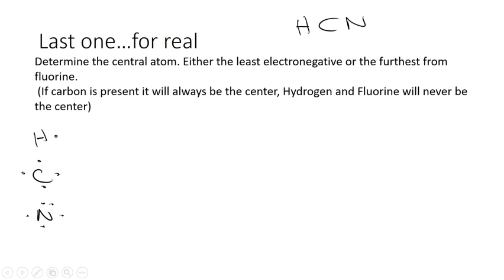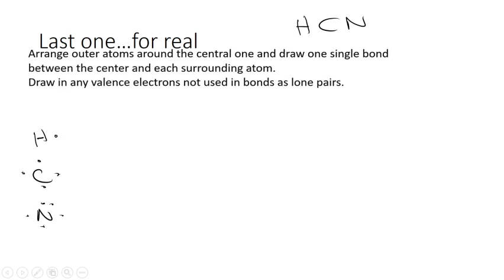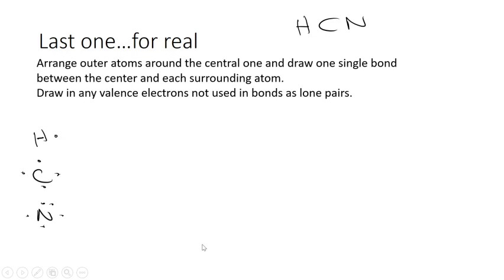Now, central atom, least electronegative or furthest from fluorine. The furthest from fluorine technically is hydrogen, but it can't be the center. Carbon is further away from fluorine than nitrogen, so it's going to be the center, plus it's carbon. So now we're going to arrange our atoms.